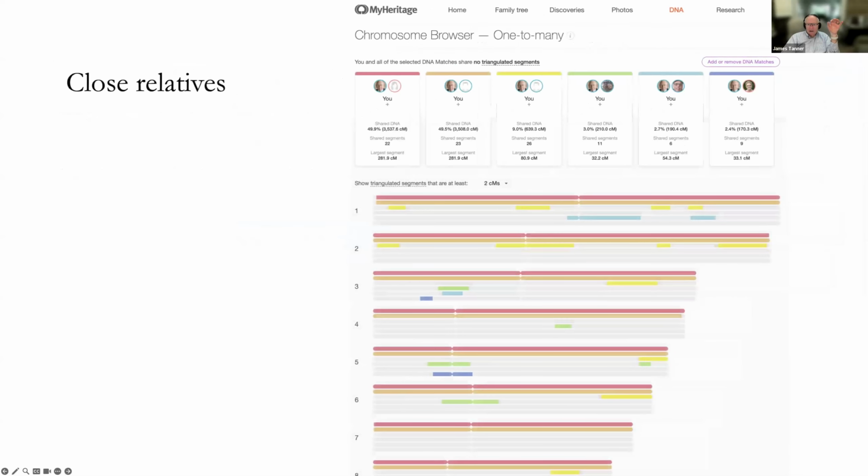If they're close relatives, you'll see that with at least 2 centimorgans of value, it's very obvious that these people are my close relatives. Some are closer than others as we go down the list. I think you can do 8. I'm sorry, I forgot there were 8 here.